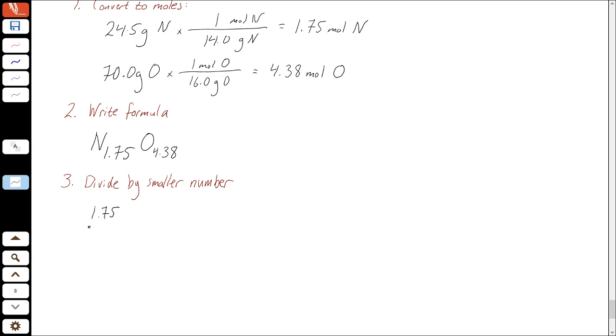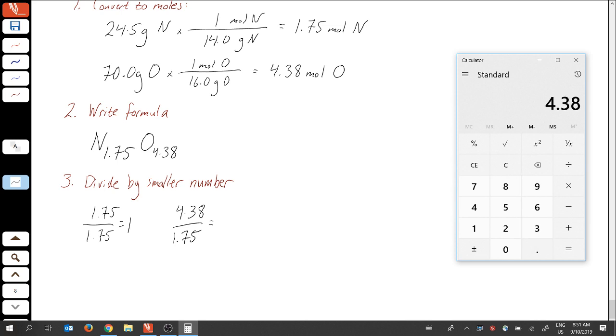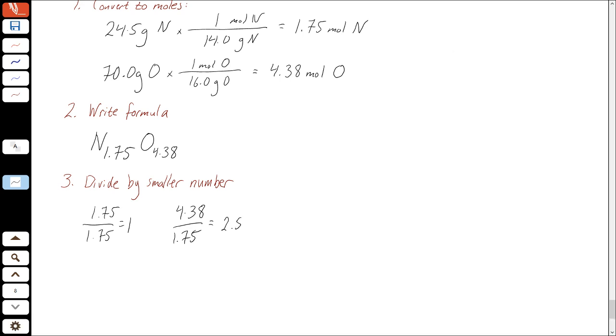So 1.75 divided by 1.75 is, of course, 1. 4.38 divided by 1.75 is 2.50. So that gets us a little bit closer. Now we have N1 O2.50. But we still have a problem because it's 2.50 and we still want those whole numbers. So what else can we do?